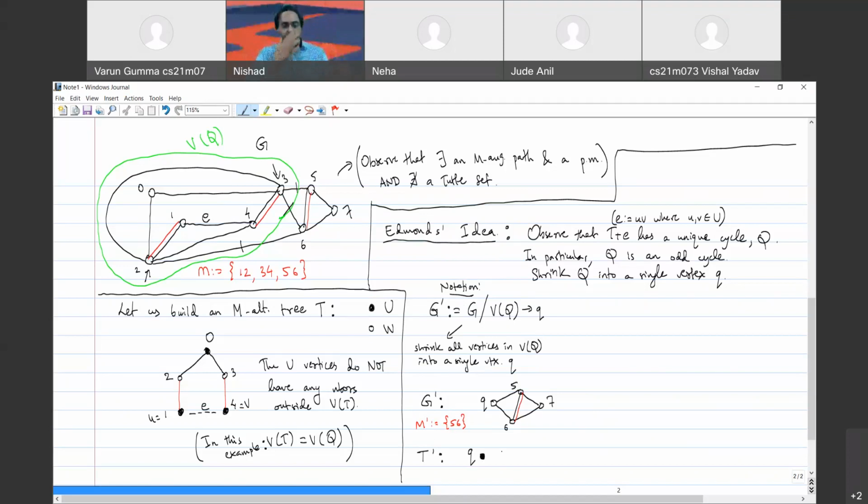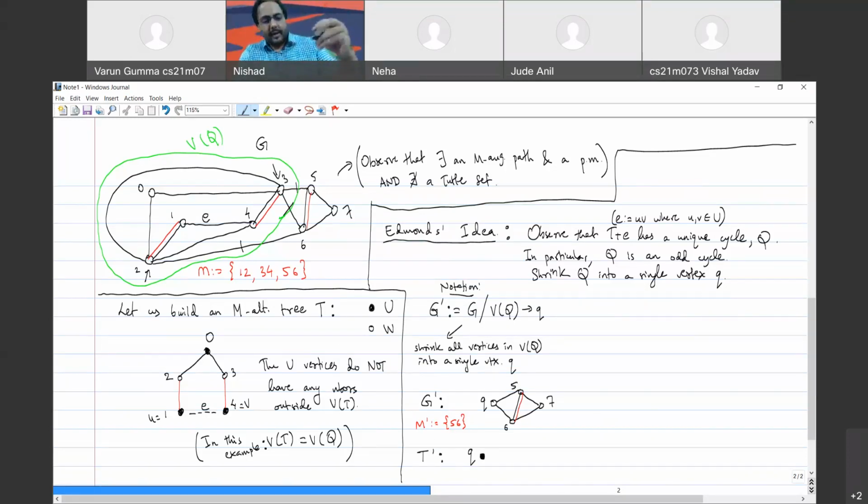I'm going to color it black as usual. And now let's try to again build our M alternating tree in this new situation. So now we have a different graph, G prime, M prime is the matching, and T prime is the alternating tree with respect to this matching.